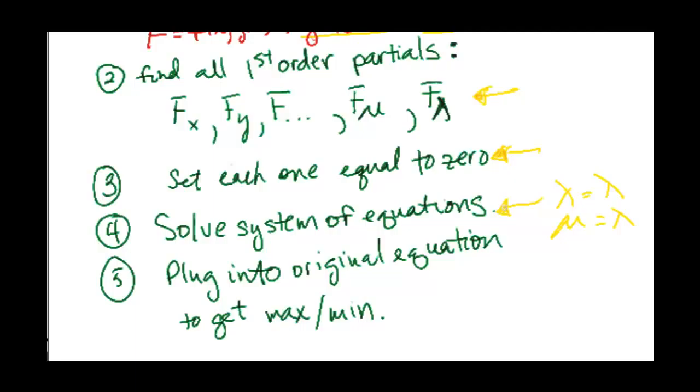Then you're going to get a bunch of critical points, and you're going to again plug into your original equation, the f of xy, the little f, not the big one that you plugged in, to determine which one's a max or a min.